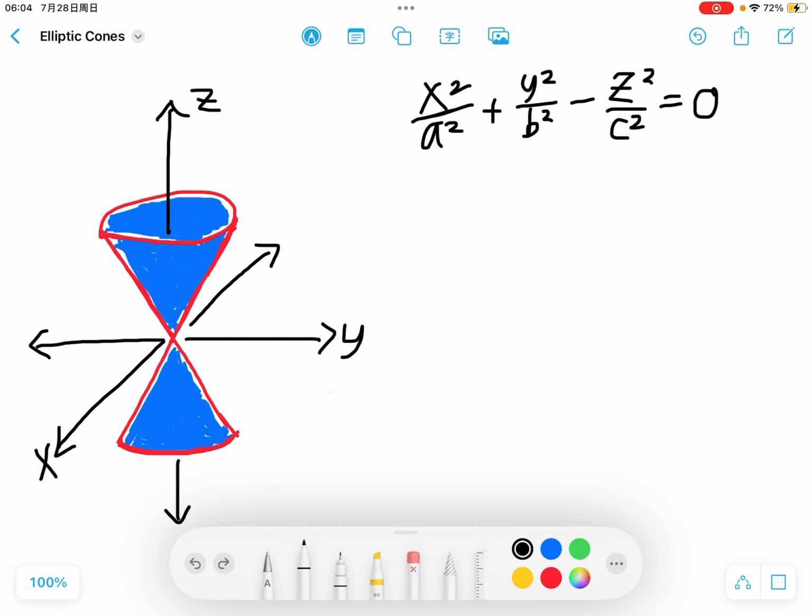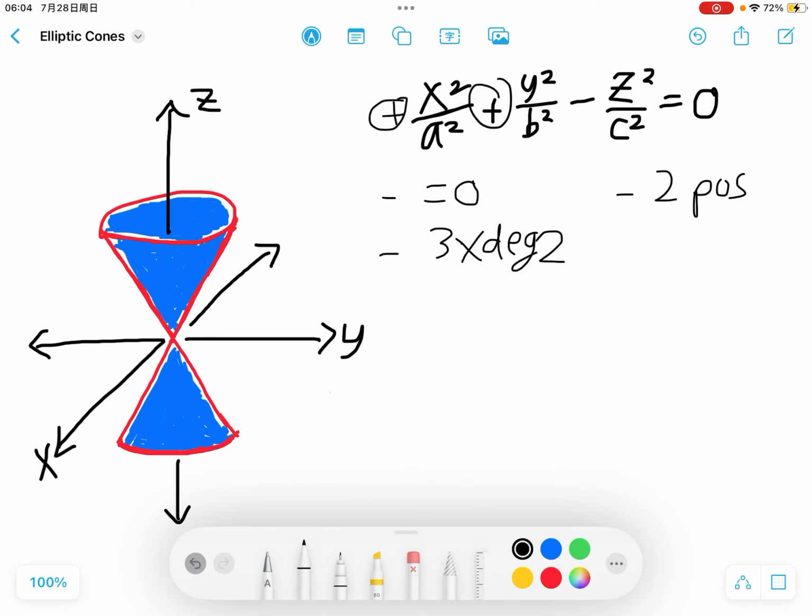This is the equation, and as you can see, the right side is 0 instead of 1. So the right side is always equal to 0 if it's in this format, and we have 3 degree 2 terms, 2 of which have positive coefficients, so we have a plus sign and a coefficient of +1, and we also have one negative coefficient here.